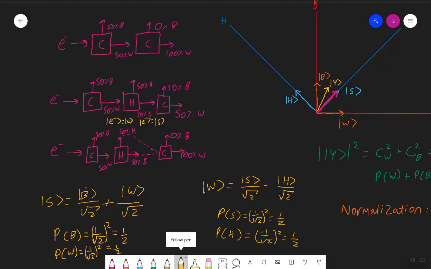Makes perfect sense. They're in this state of being white. This is the state of the electrons, and then we measure it, and we find out that 50% of them are soft and 50% of them are hard, and they're in this state right here.